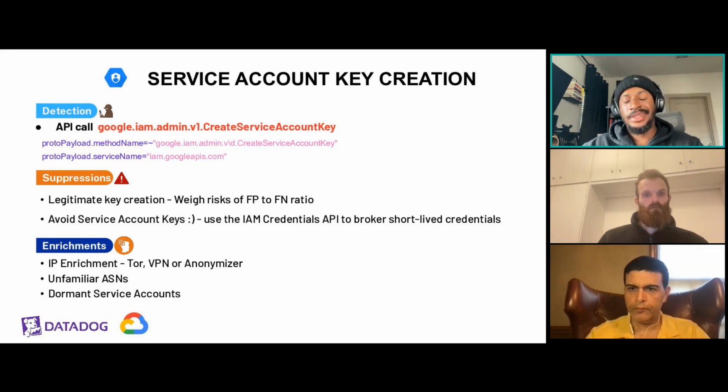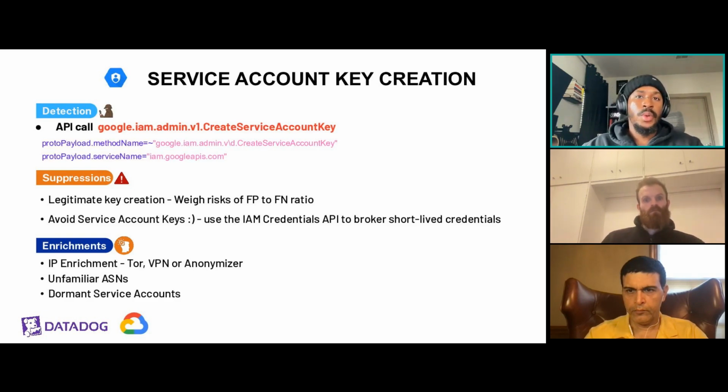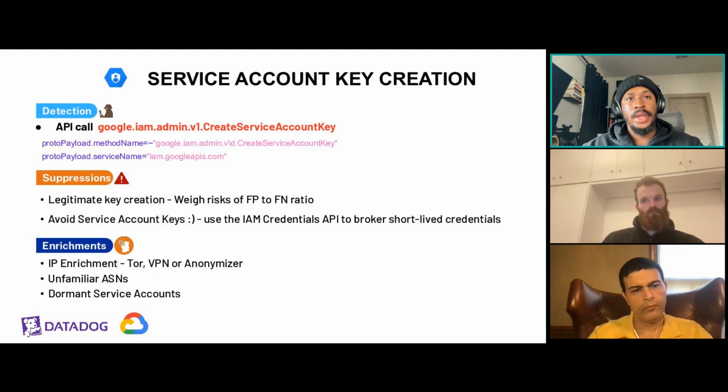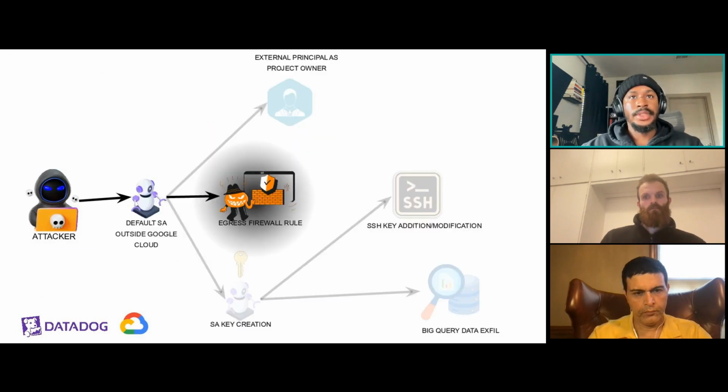Now this is very subjective within the context of your Google Cloud environment. A dormant service account could be 7 days, could be 30 days. So knowing what dormant looks like within your environment, and then looking at when someone is creating a service account key for that dormant service account, could also add a level of confidence in determining if this is actual malicious activity.